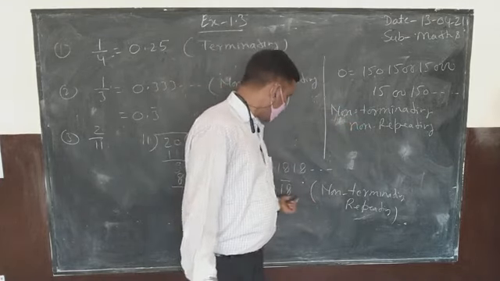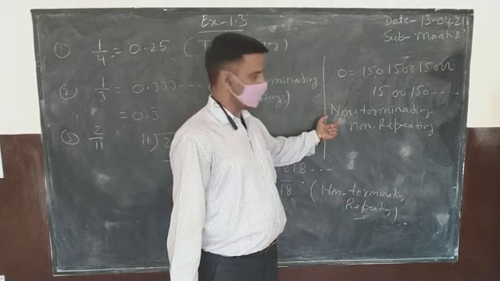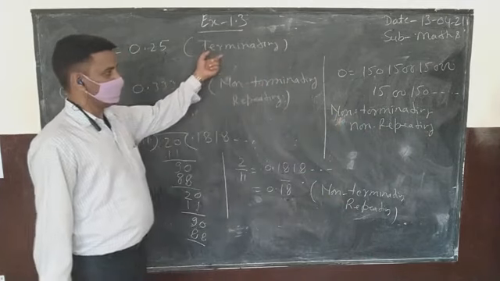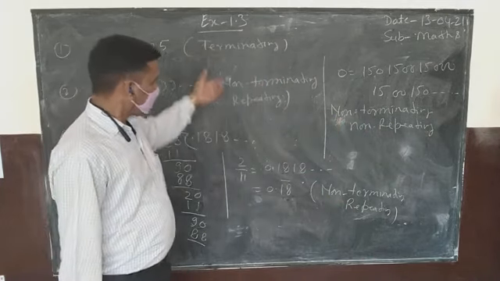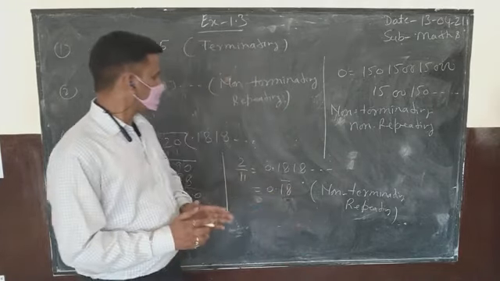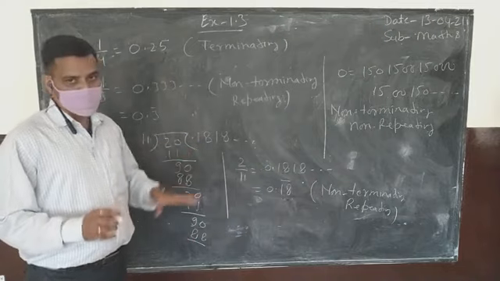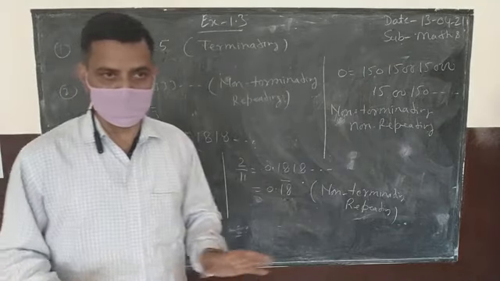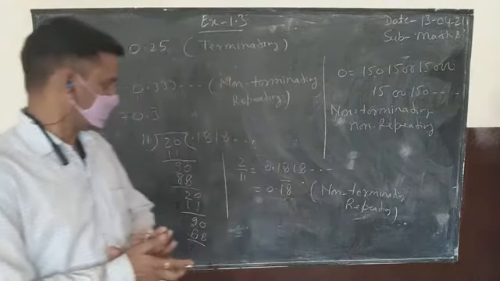This number is rational, this number is irrational, and this number is also rational. When you combine the rational and irrational numbers, the real numbers are formed. In your syllabus, there is only the decimal expansion of real numbers, not any other properties of real numbers.